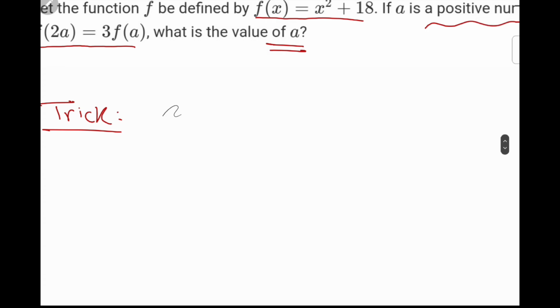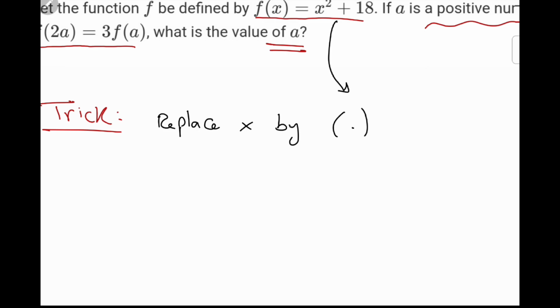So the first thing you do, in this type of question, is you need to replace x by an open bracket. Every x that appears in this equation, replace it by a bracket.